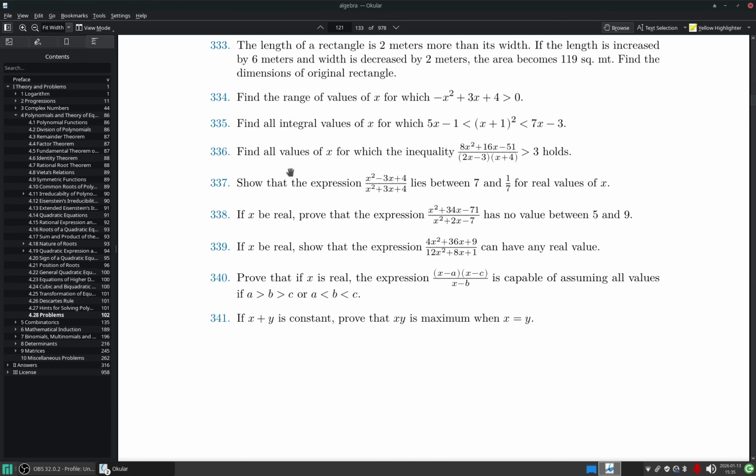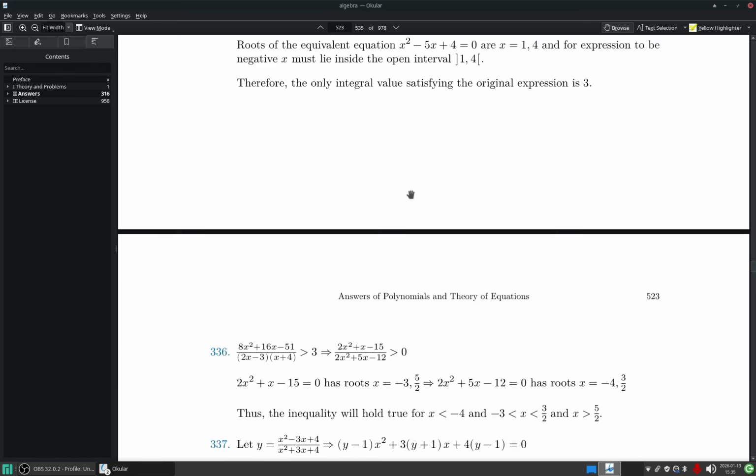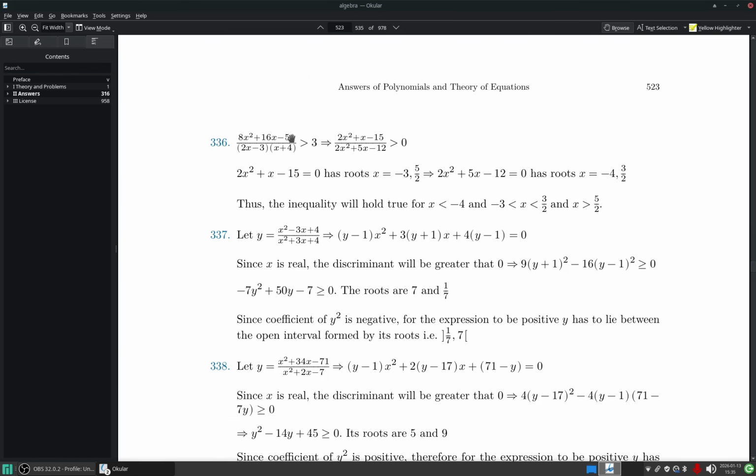Question 336 says: find all values of x for which the inequality (x square plus 16x minus 51) by (2x minus 3) into (2x plus 4) into (x plus 4) greater than 3 holds. So what we do is we bring 3 to this side, and then we have (2x square plus x minus 15) by (2x square plus 5x minus 12) greater than 0.